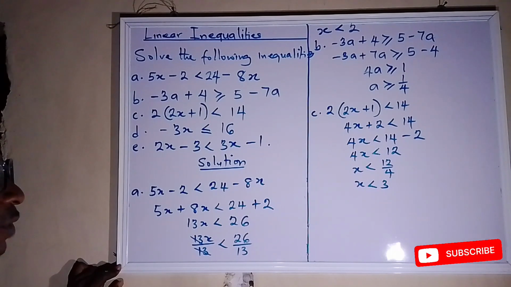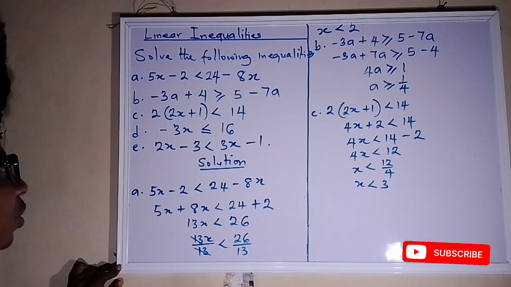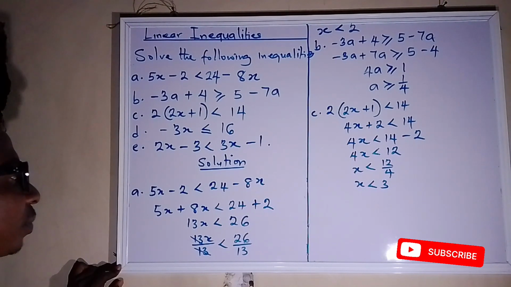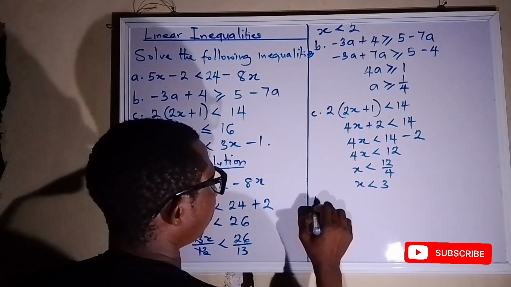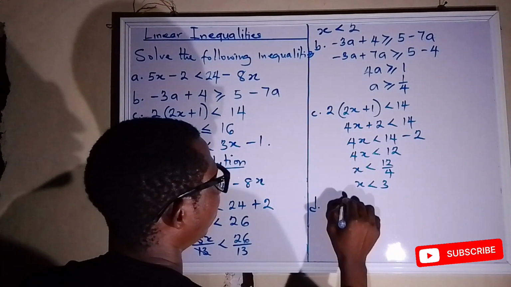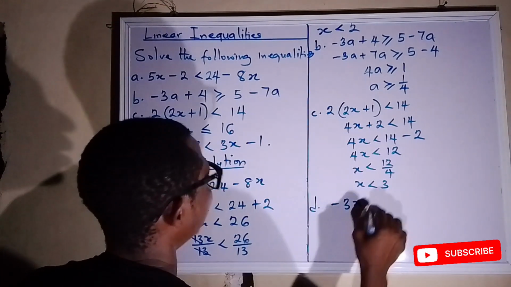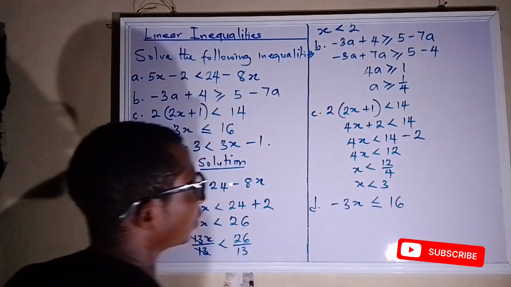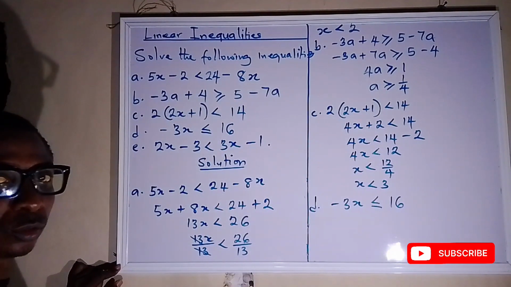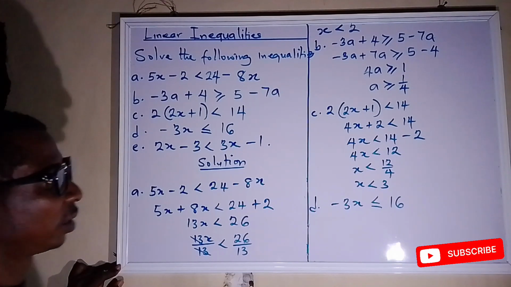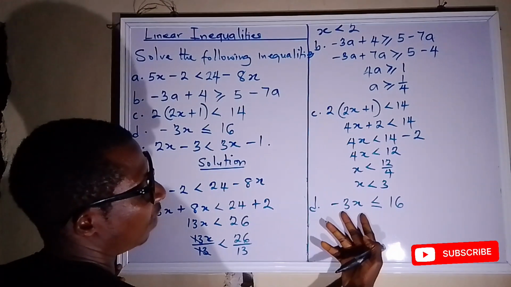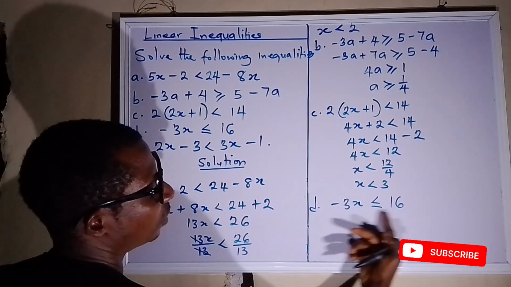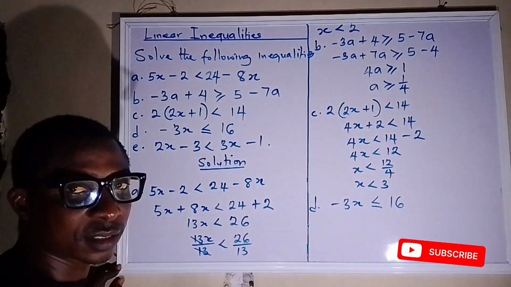Okay? So now let's look at the fourth one. Now minus 3x is less than or equals to 16. How do you do this? You divide both sides by the coefficient of x.